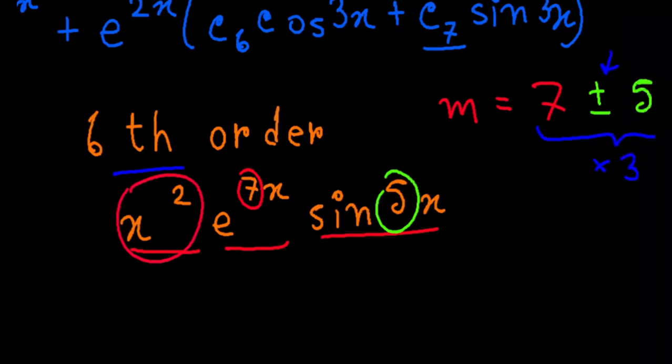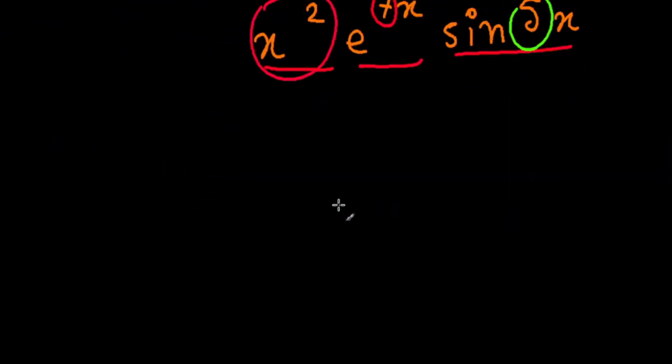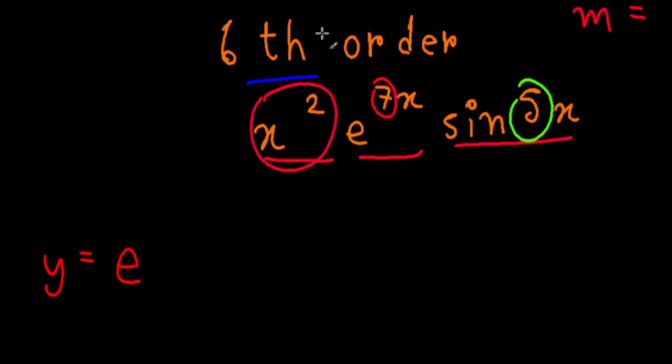So our general solution is going to look something like this. y is going to be equal to, outside, e to the power lambda x. We already found the real part is 7, and it can be seen pretty easily here: 7x.